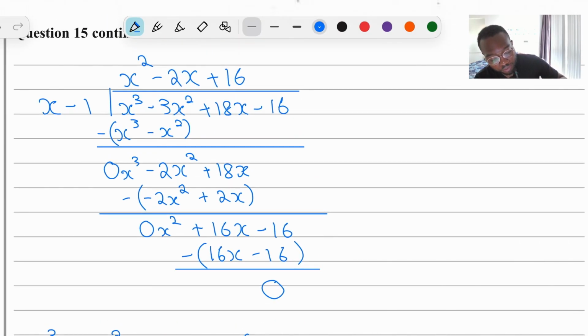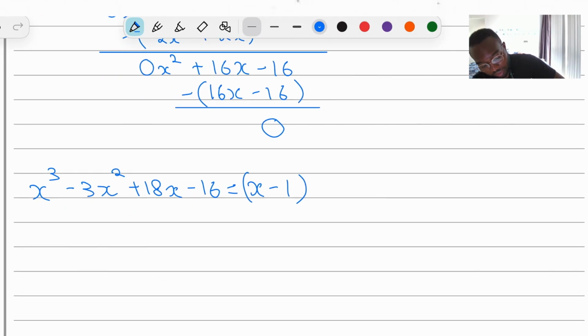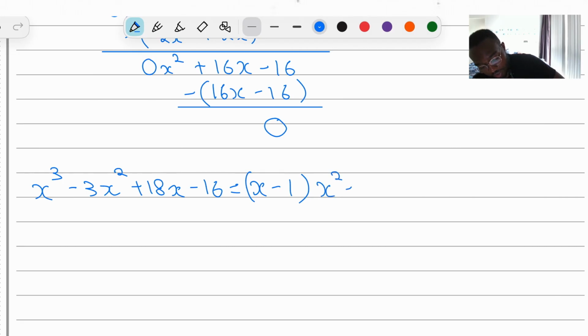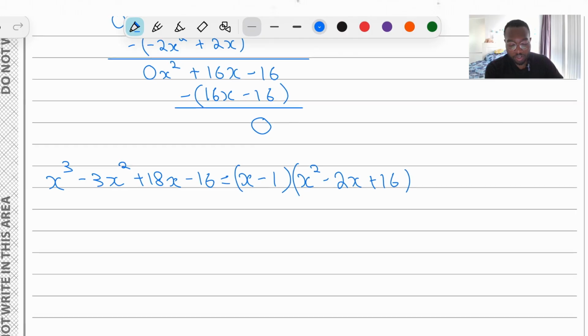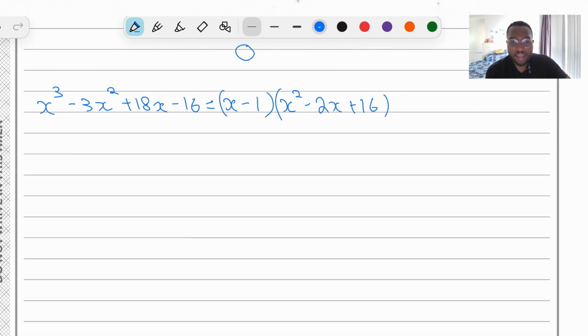We had x squared minus 2x plus 16. So now we've factorized this. So now, we know x minus 1, we know x equals 1 is a factor. We need to work out this x squared minus 2x plus 16. So we need to work this out. x squared minus 2x plus 16 is equal to 0.